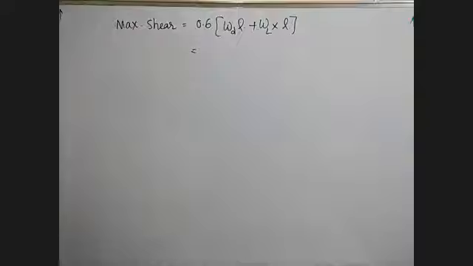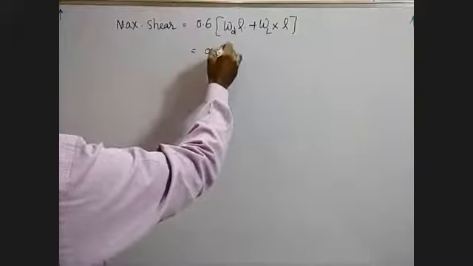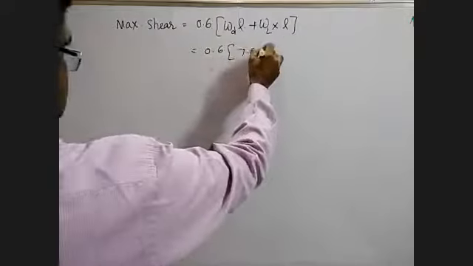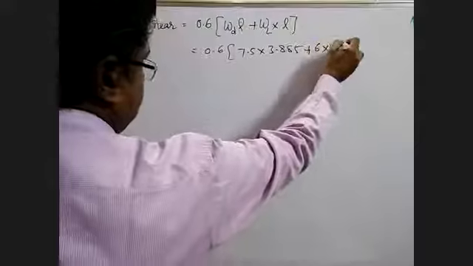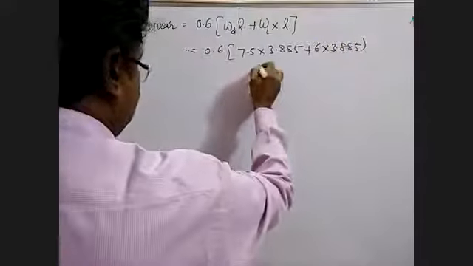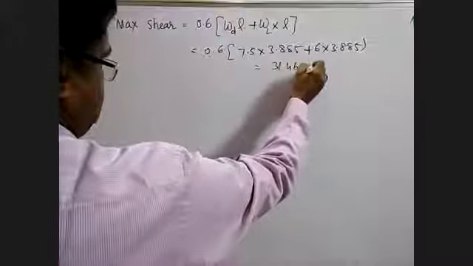There are 4, and calculating the 4, this comes to 0.6 into 7.5 into ... it comes to 31.46 kilonewtons.